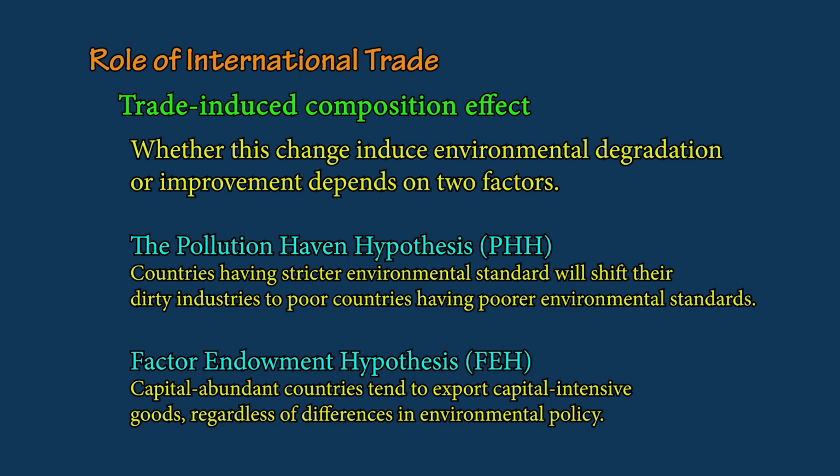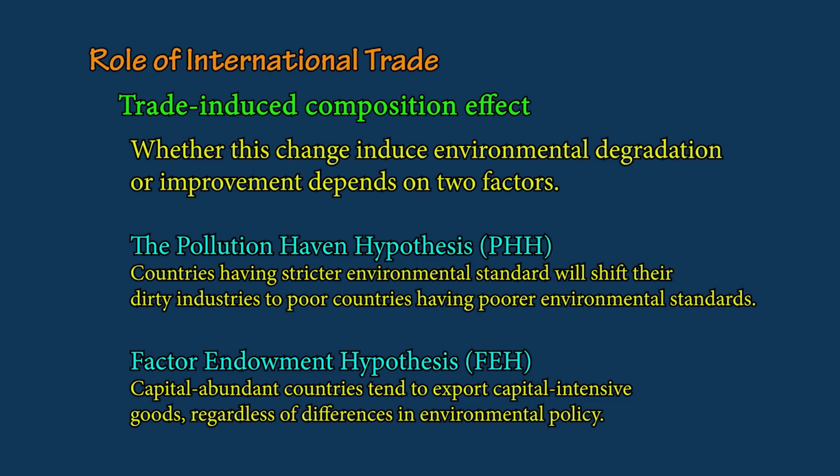The first is called the pollution haven hypothesis, right? So what is the pollution haven hypothesis? It basically says that countries shift their dirty production processes to the countries where the environmental standards are not that stringent, right? And the second is called the factor endowment hypothesis, and this follows straight from the comparative advantage theory.